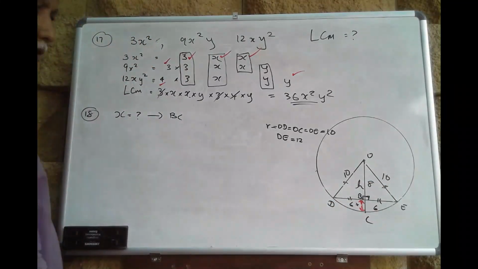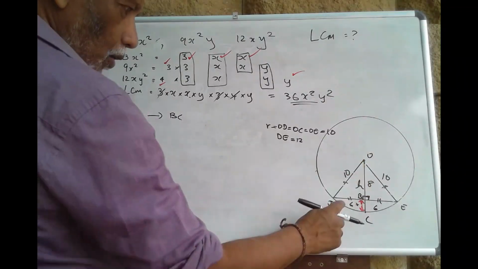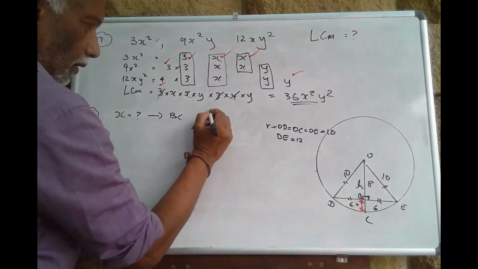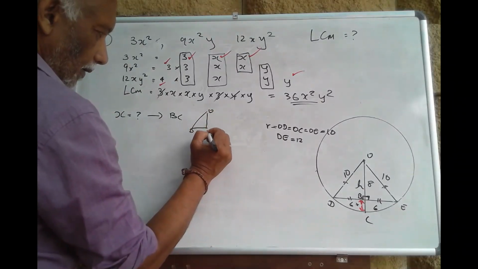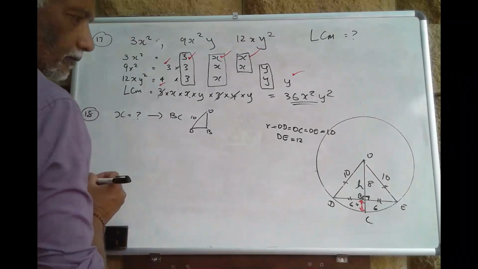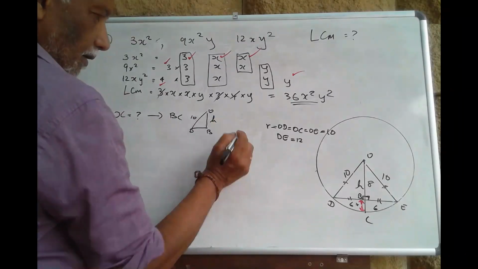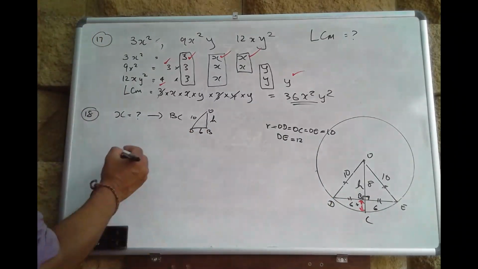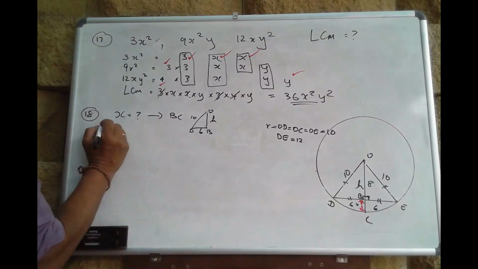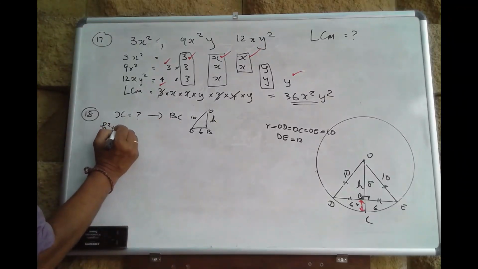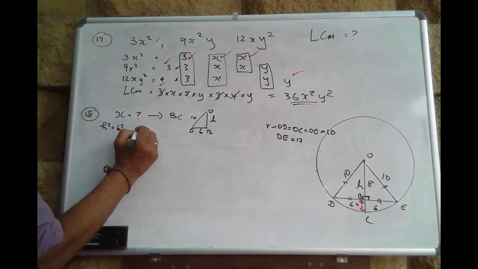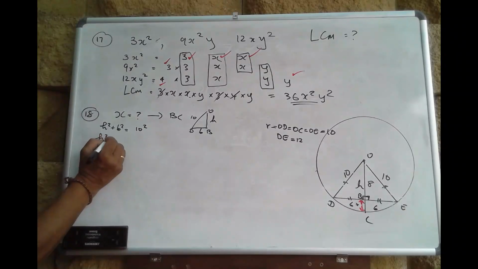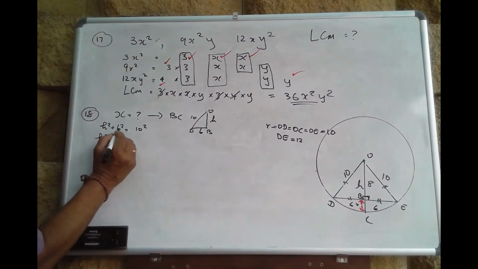Now if you consider the triangle ODB, this is 10, this is H, and because it's bisected, this must be 6. So you can work out that H now. H squared plus 6 squared equal to 10 squared. H squared is equal to 10 squared, which is 100, minus 6 squared, 36.